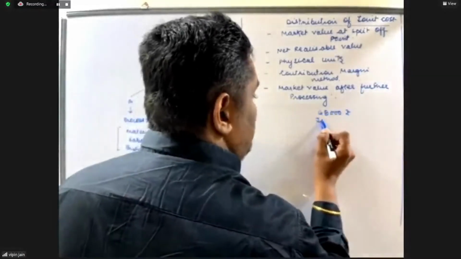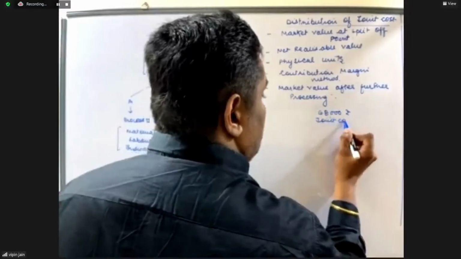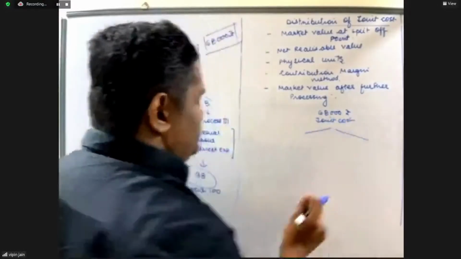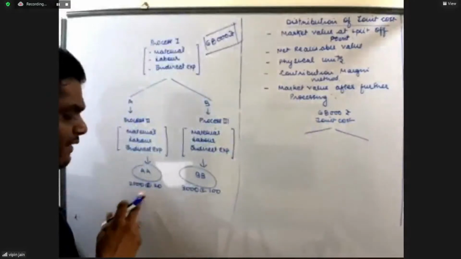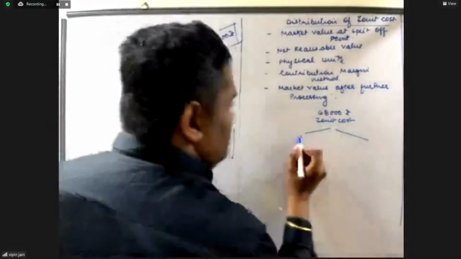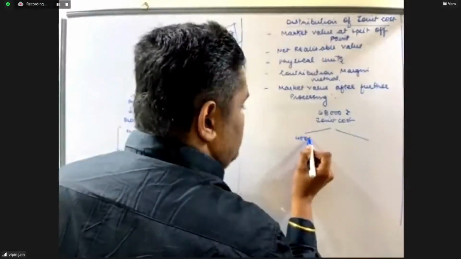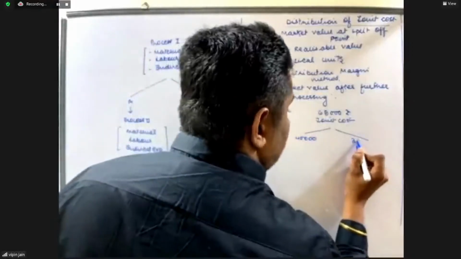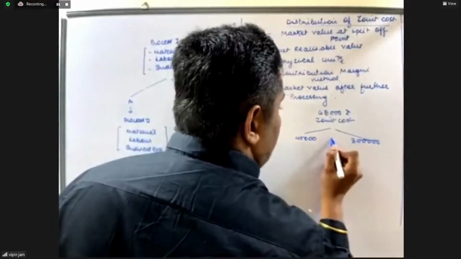That is my joint cost. Now it is to be distributed in this ratio, that is market value after further processing. So that is 40,000 for A and for B it is 3 lakh.